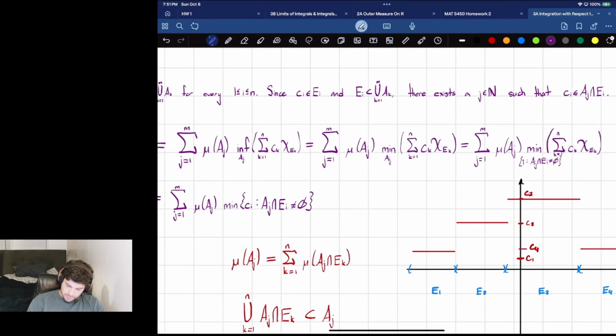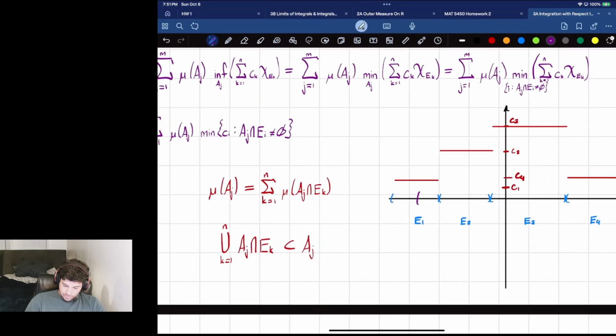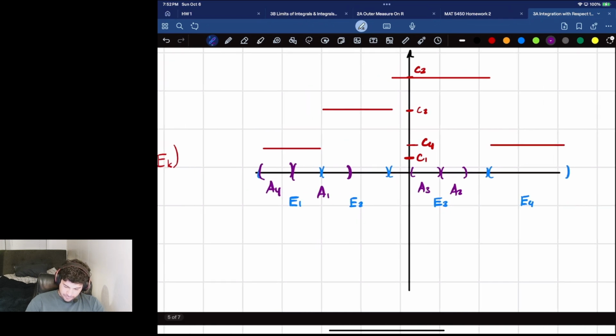All right, let me just draw them in random spots. So let's suppose that this is A1, A2, A3, A4, A5.